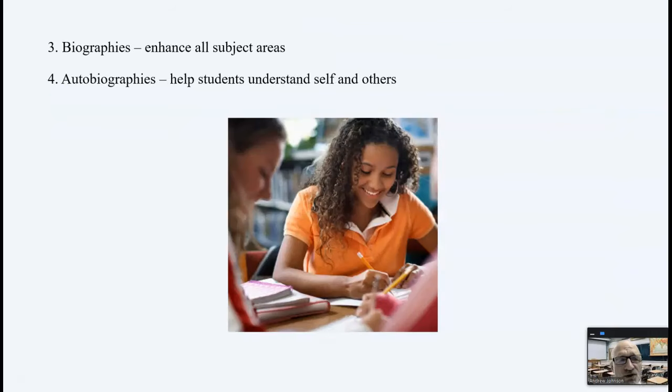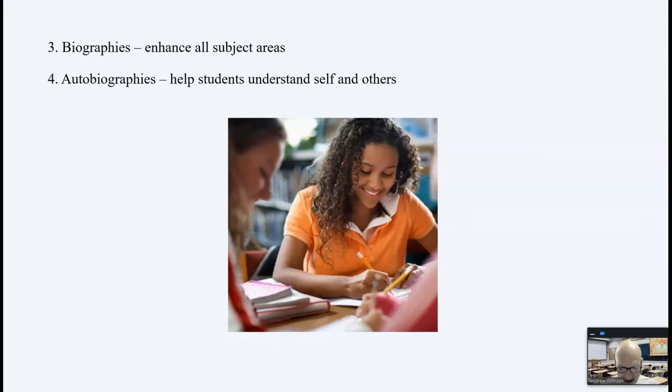Biographies can be used in all subject areas to enhance learning about the important people in the sciences, health, social studies. And autobiographies, when written and shared, help us understand ourselves, our feelings, our situations. And when we share with other people, we realize that there is a commonality of the human experience.